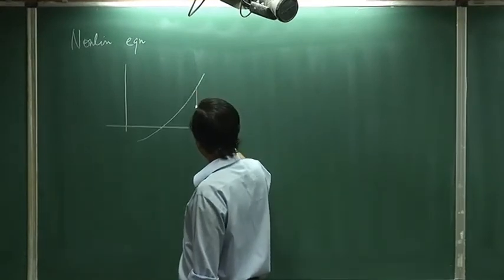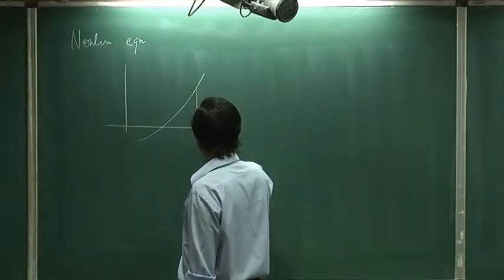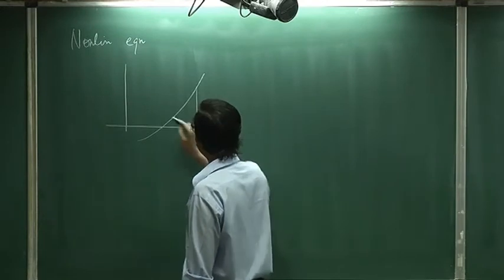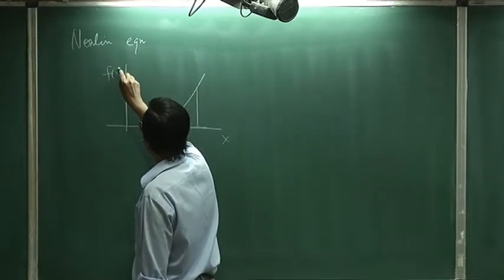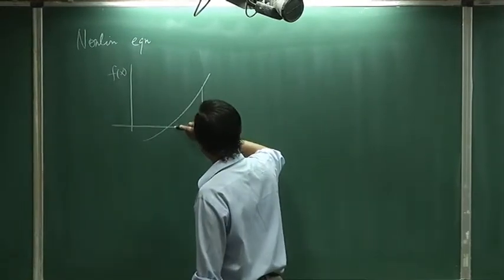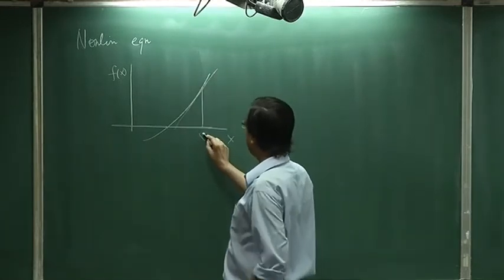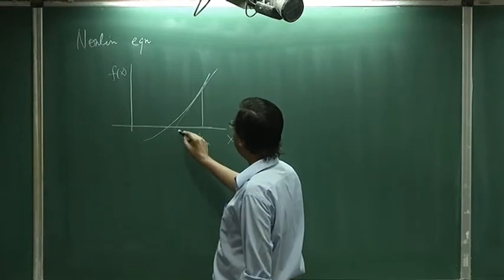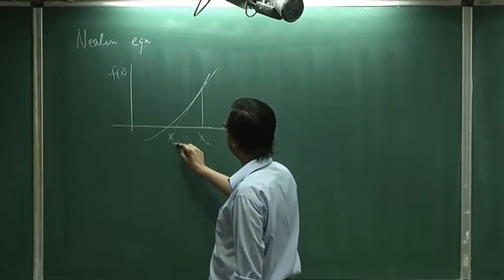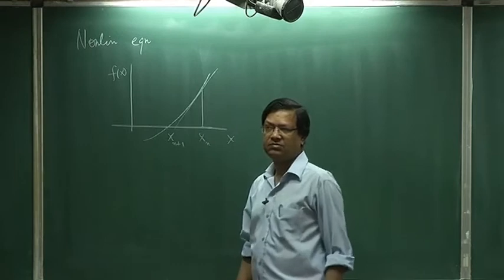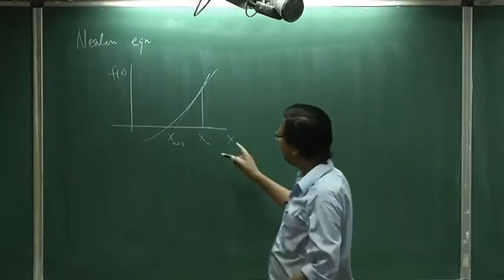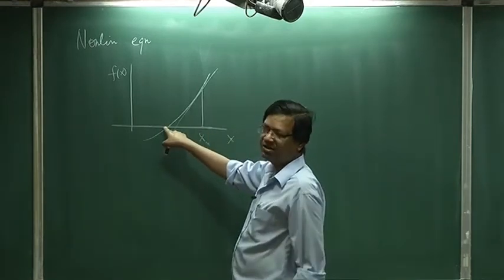The idea is, suppose you are at this point x, then take the slope at that point. I am going to call it xn, and this will be xn plus 1. So you can see that this is closer to x star.